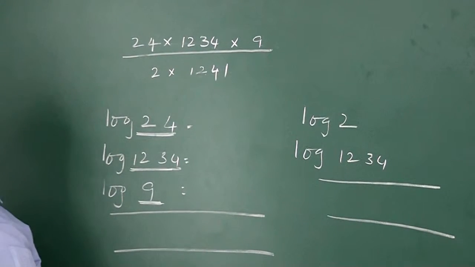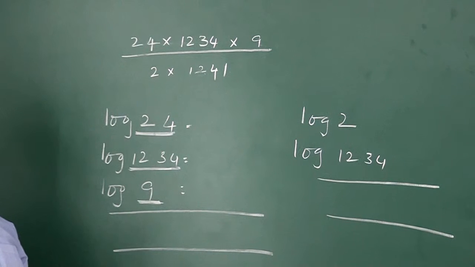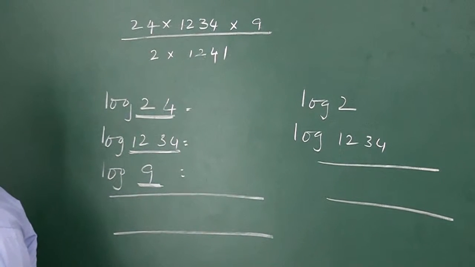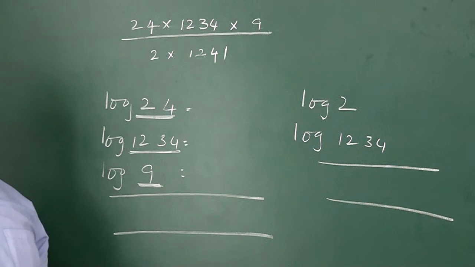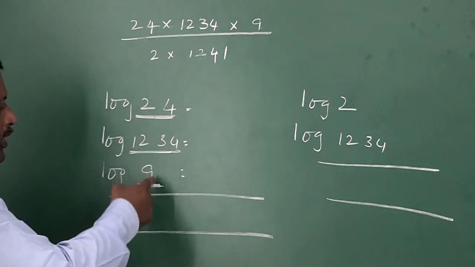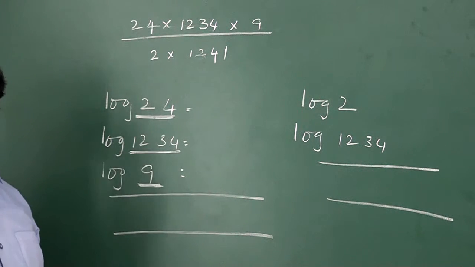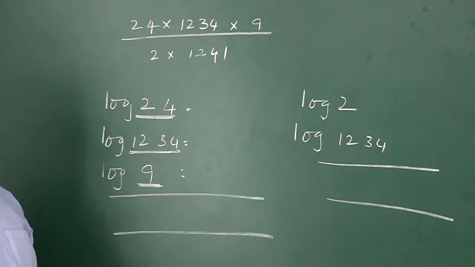So in log values you have two things. One is characteristic and the other one is mantissa. The characteristic will depend upon the number of digits that are present in the number.